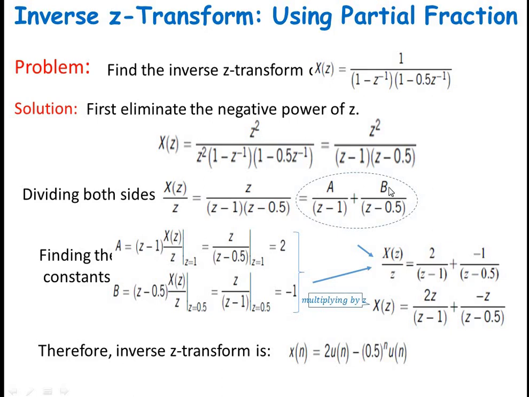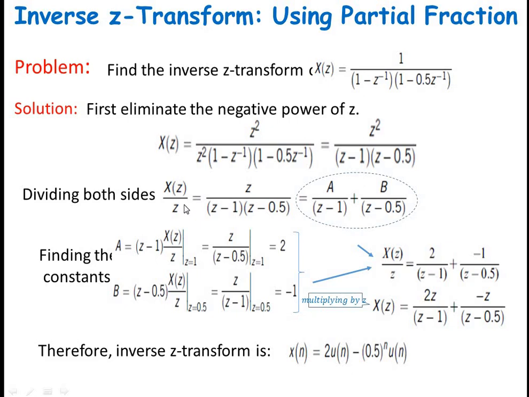If you want the value of B, we multiply X of Z divided by Z with its corresponding denominator and substitute the value of Z as its corresponding pole, that is 1 for A, and 0.5 for B.